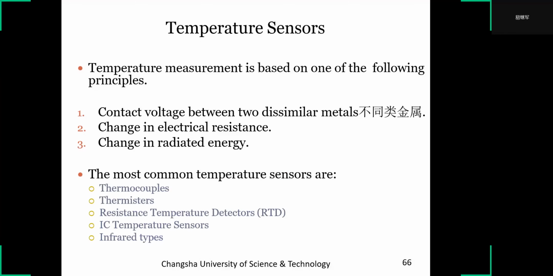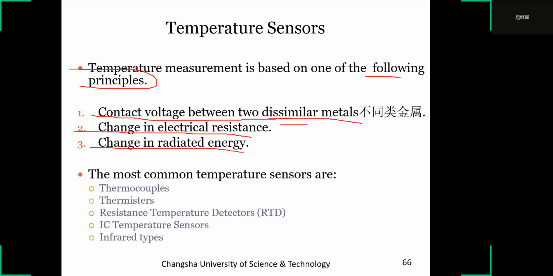Temperature measurement is based on one of the following principles: contact voltage between two dissimilar metals, change in electrical resistance, or change in radiated energy.